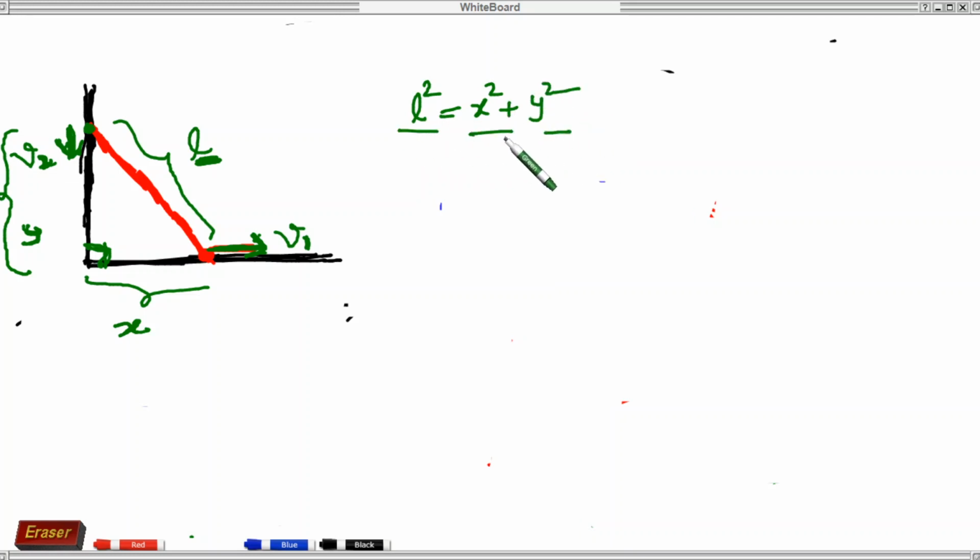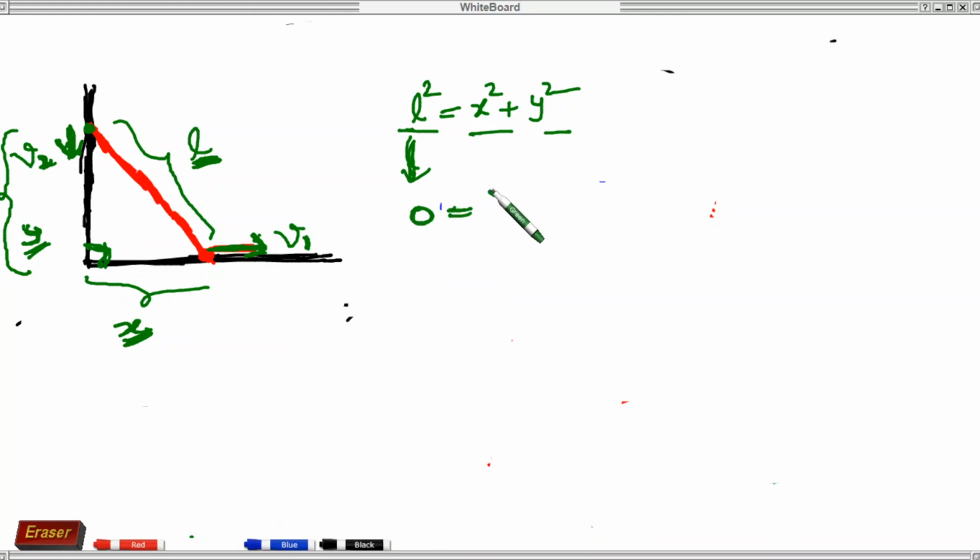L is constant. This length will never change, while y and x will change. So when we differentiate, the left side becomes 0.